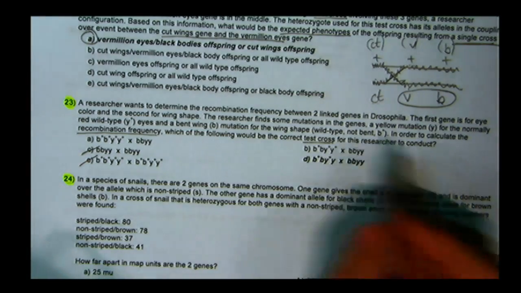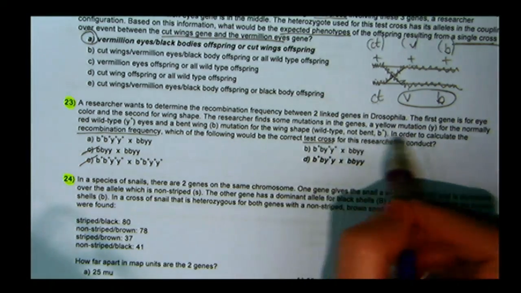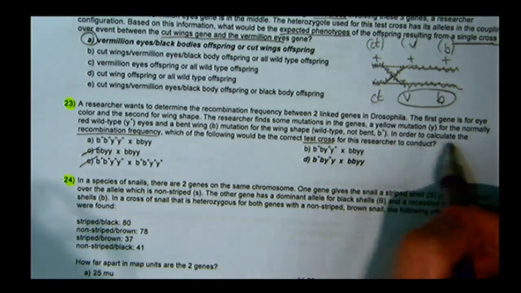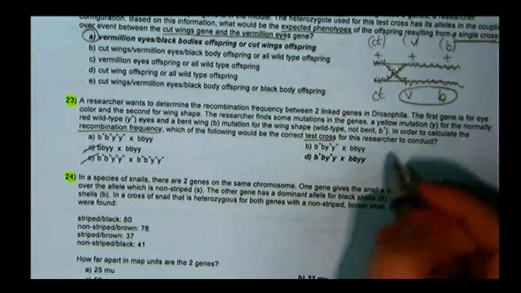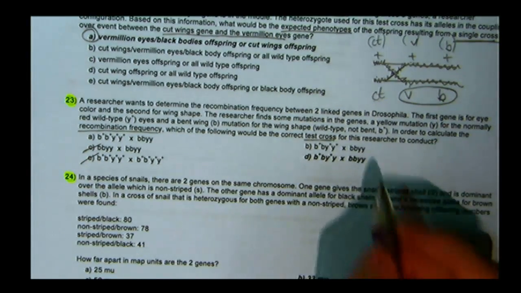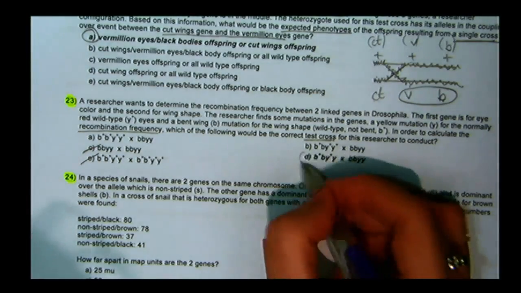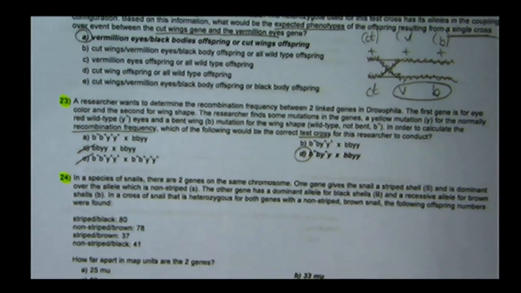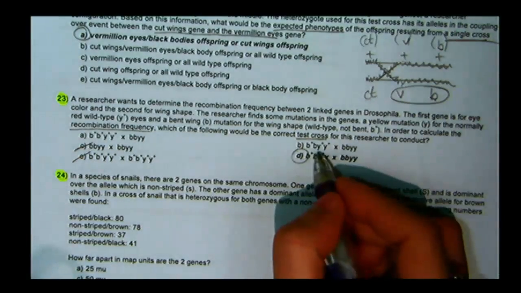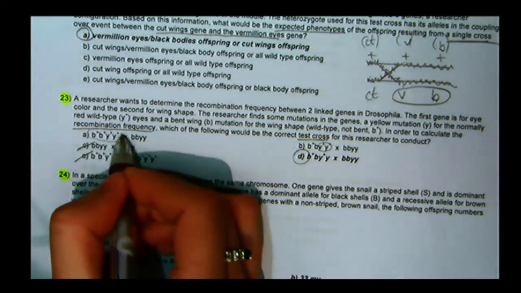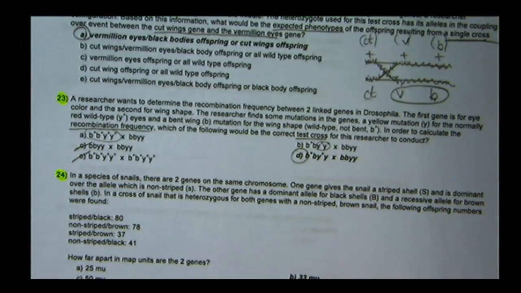In this case, both Ys here are wild type, and in this case, you have the all wild type. So you want the one that is different. You have the wild type with mutation, crossed with the homozygous recessive. So this is just making sure you know what a test cross is, even though it sounds really complicated.